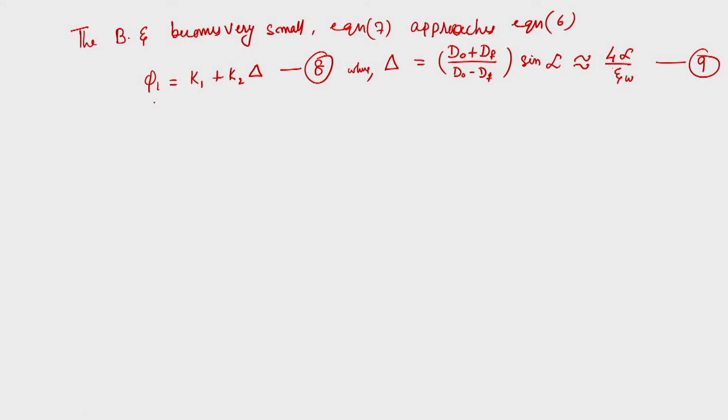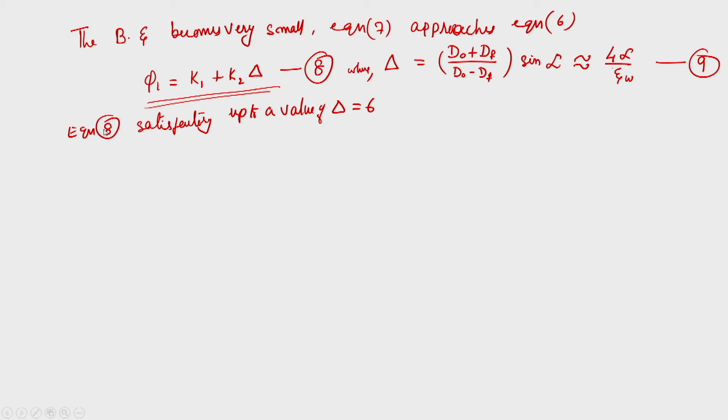And this is a linear equation with respect to this parameter delta, the deformation zone parameter, and that is satisfied. It's a linear relationship, so it is satisfactory up to, say, delta is equal to 6. Up to a value of delta equal to 6, equation 8 is satisfied.